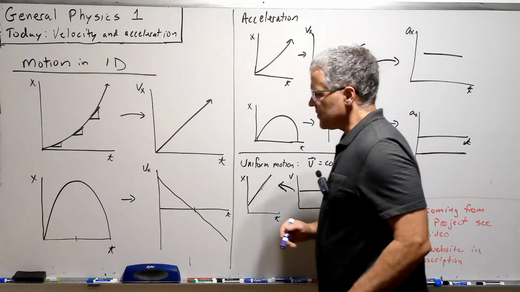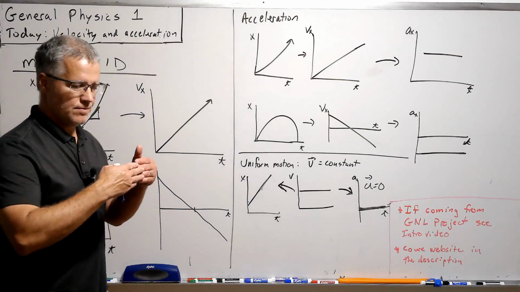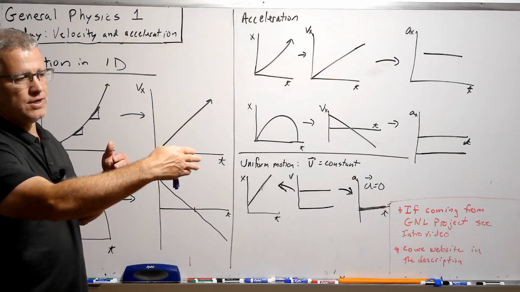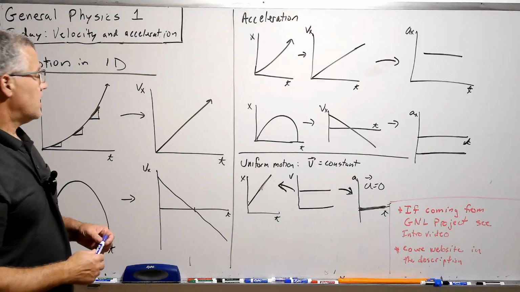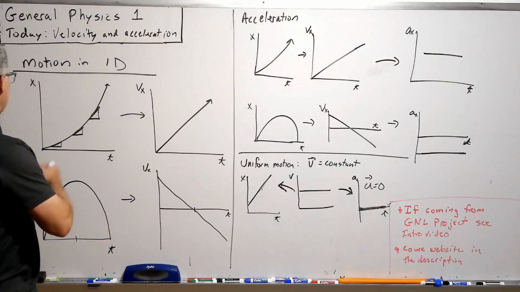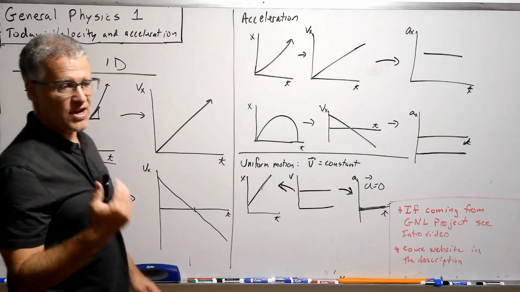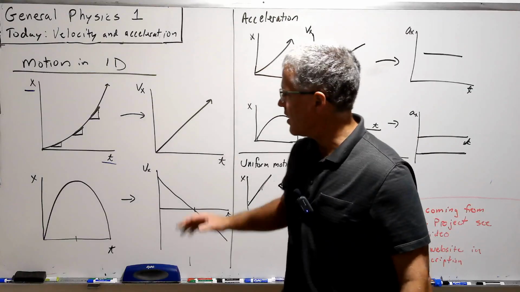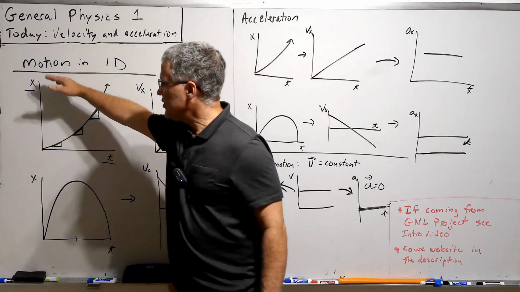Okay, so we talked last time about position and the motion of an object through space in this coordinate system. We talked about velocity. What we're going to do here now is plot position now and time. So we're going to add this time variable to our graph to produce a two-dimensional graph here, but one spatial dimension.